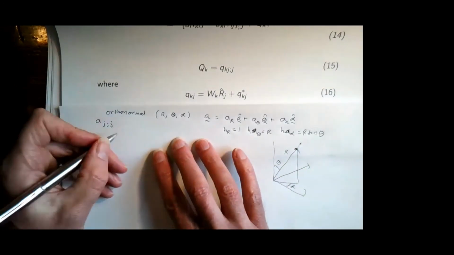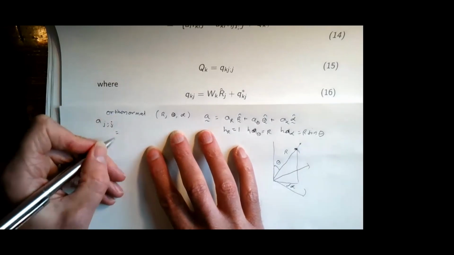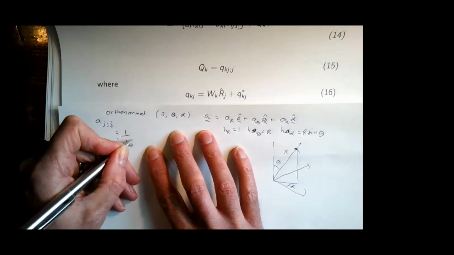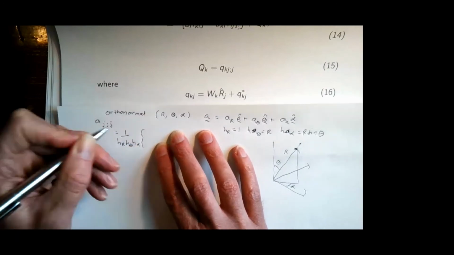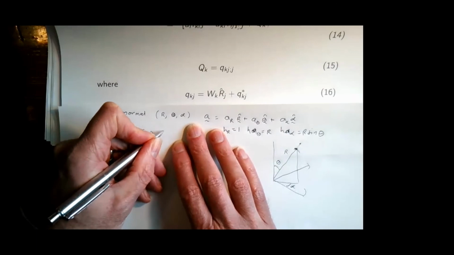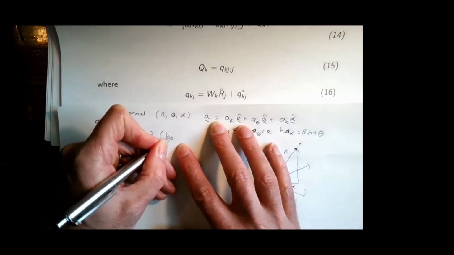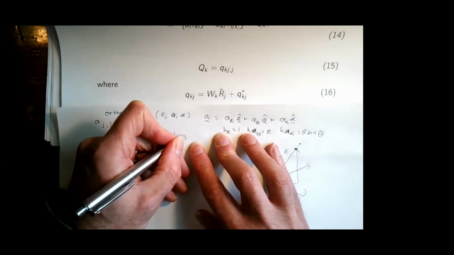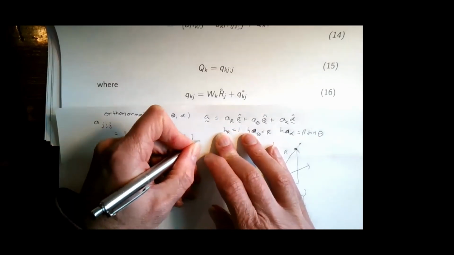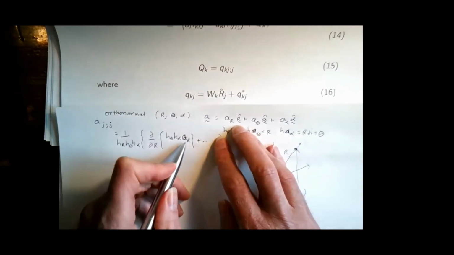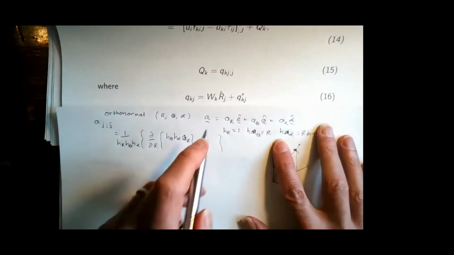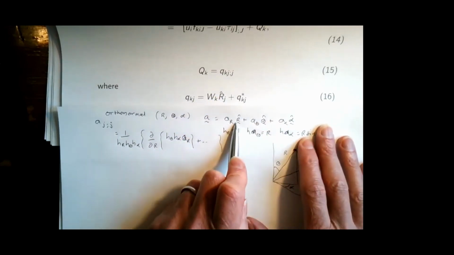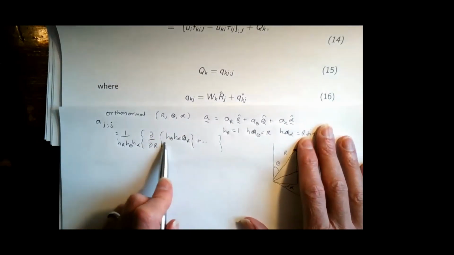So when I put that in, for orthonormal coordinates I get 1 over HR H theta H alpha times d by dr of H theta H alpha AR, plus others, the A theta and the A alpha. But because I'm saying it's just a component in the unit vector R direction, they're 0, so I've only got this one here.